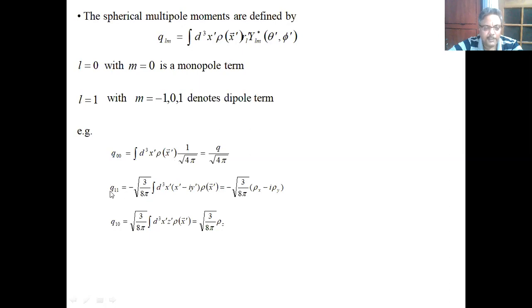The value of the polynomial similarly for L equal to 1, M equal to 1 is root 3 upon 8 pi. And the value of the Legendre polynomial for the indices 1, 0 is root 3 by 8 pi. So we can calculate these multipole moments with these different indices.